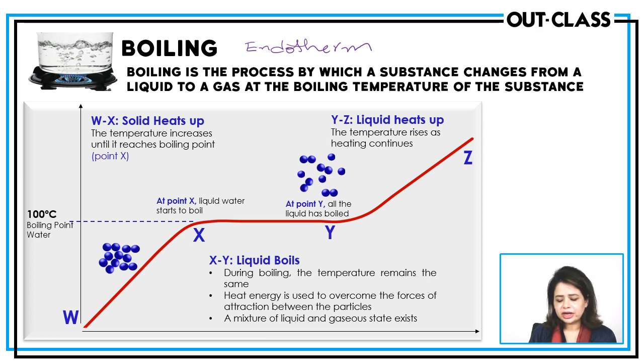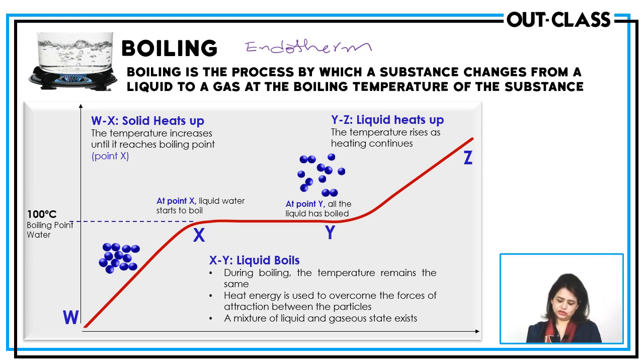It will not rise till all the water has changed into gas state. Once all the water has changed into gas state, then the temperature of the steam may rise, but during boiling the temperature remained fixed at 100 degrees Celsius, showing that 100 degrees Celsius is the boiling point of water.